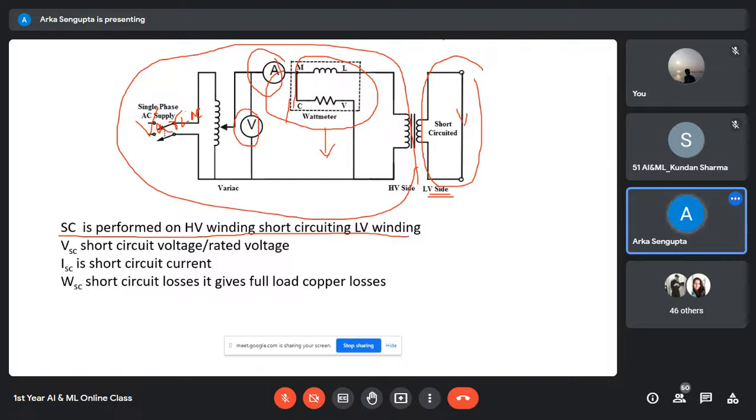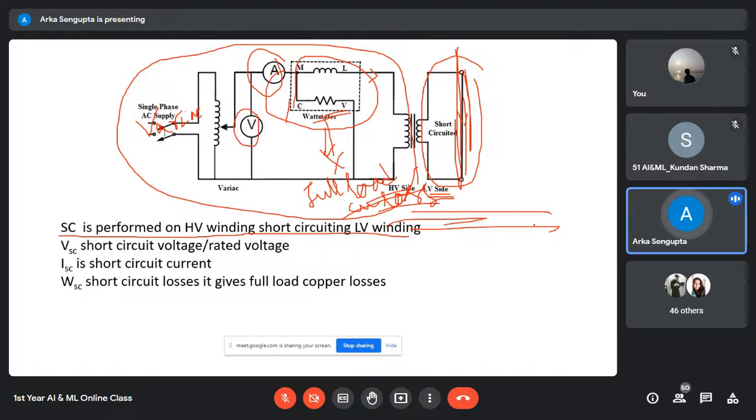Because the secondary is shorted, so maximum current will flow from here, and therefore the wattmeter will be giving us the full load copper loss of the transformer.